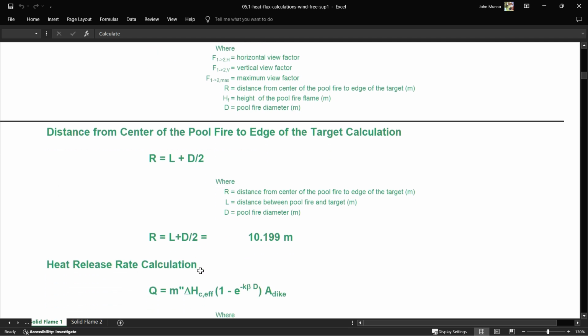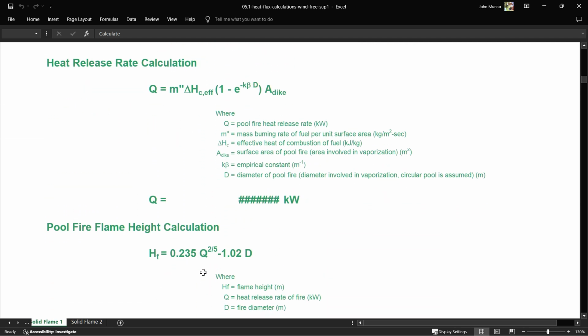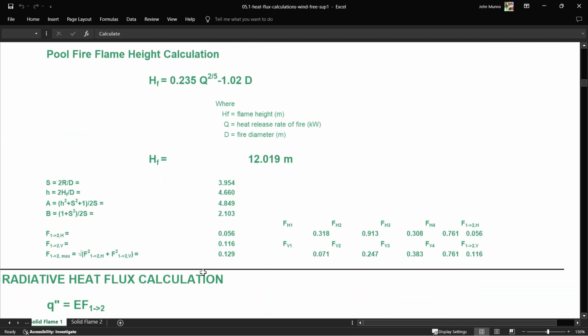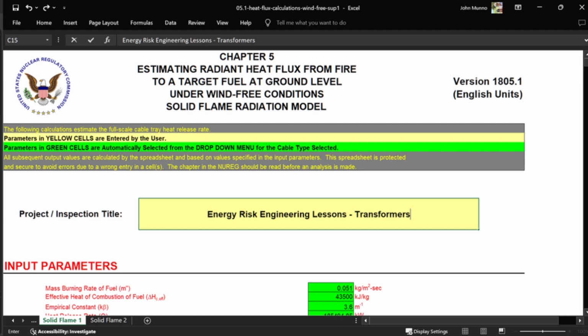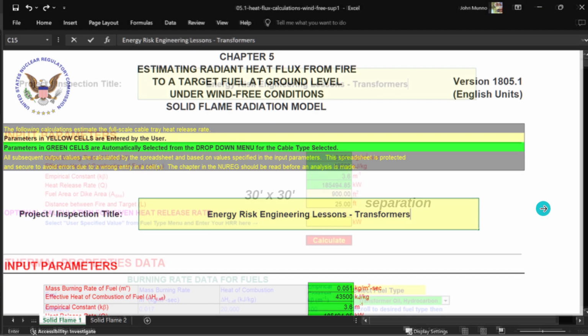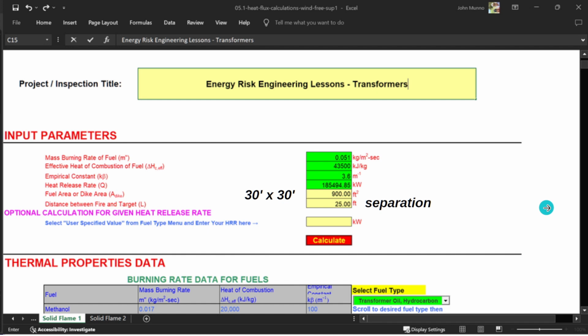Then using these distance formulas and the heat release formula, this is all of the work that goes into the answer of 6.78. And that's how many watts we have coming in. If we go back to the slides real quick, go to the next slide, we will see, all right, we can start to calculate these things.